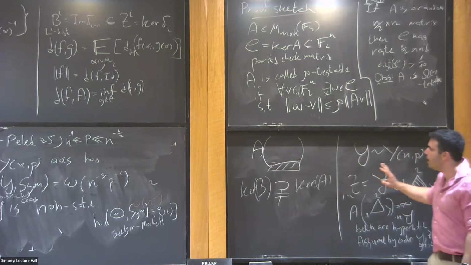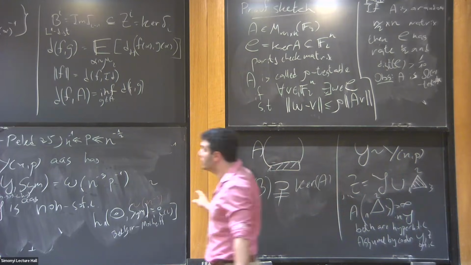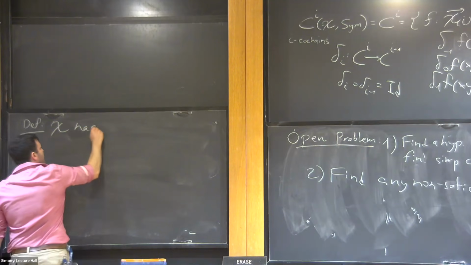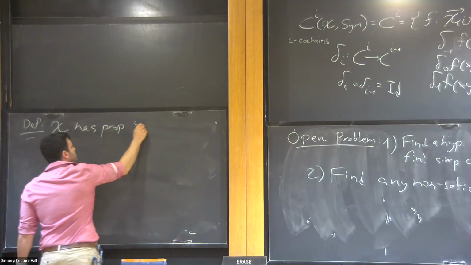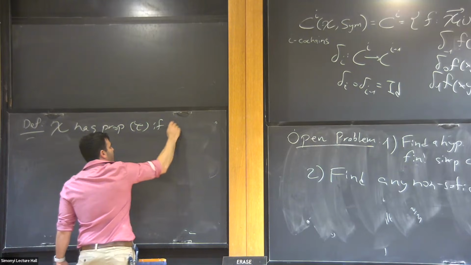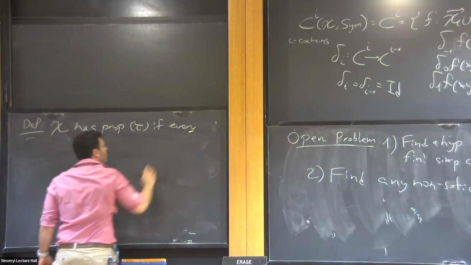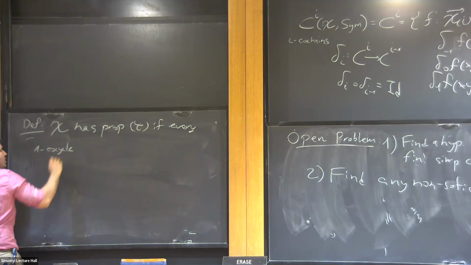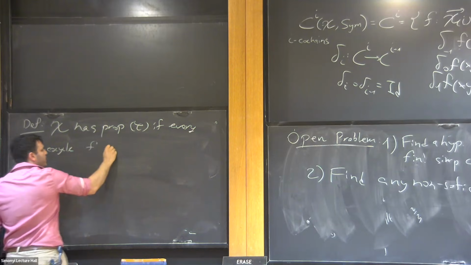Okay, never mind. To finish the proof, I need another definition, which is the following: X has property tau if every one cocycle F which is connected.